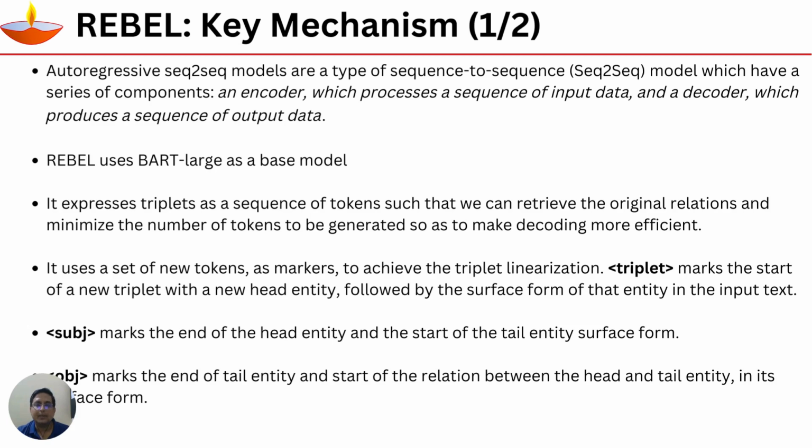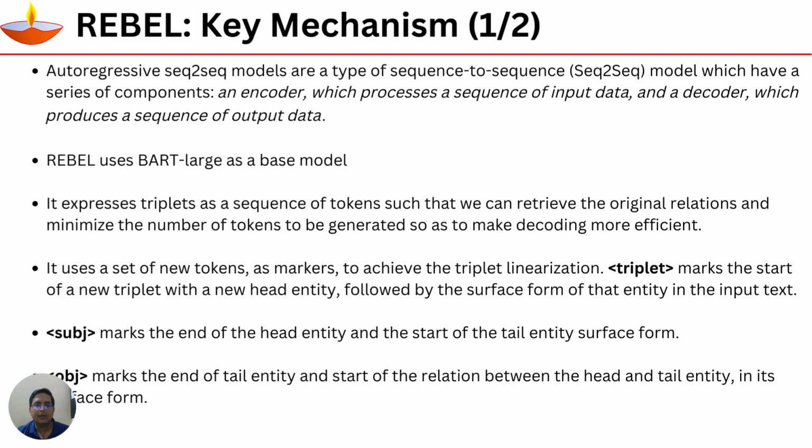Okay, this step essentially is called the triplet linearization process, and we'll know a little bit more about it. In fact, for this purpose, it uses a set of new tokens as markers to achieve the triplet linearization. So you'll find the <triplet> marker.